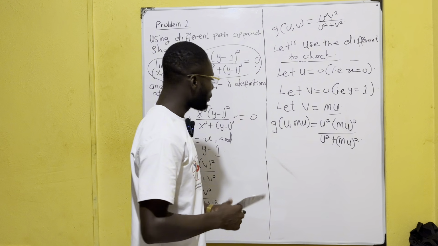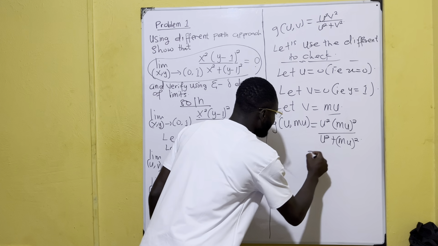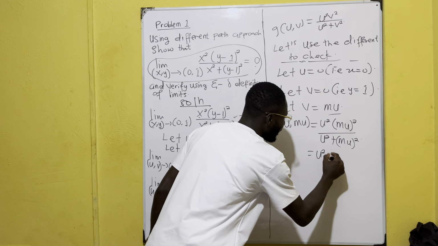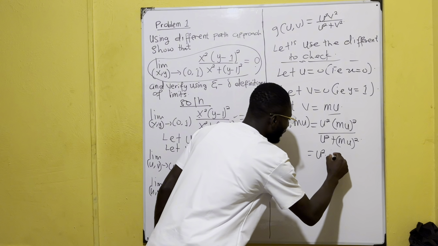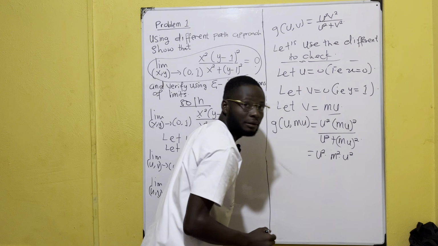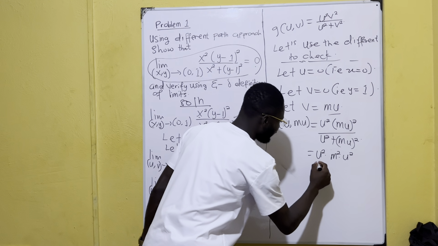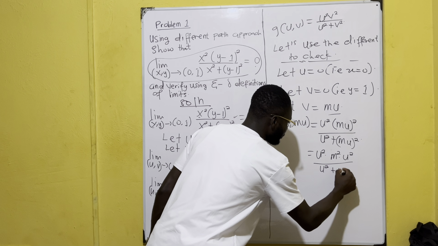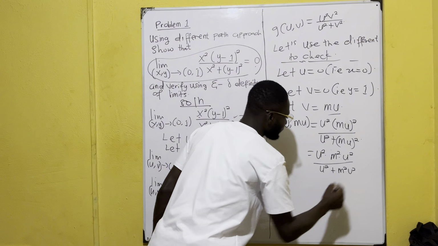Here we simplify this to have u squared times m squared u squared, and when you expand this, you have that all over u squared plus m squared u squared.